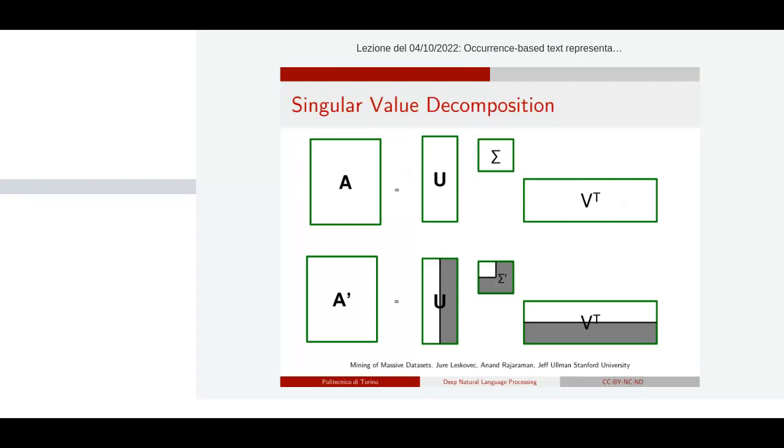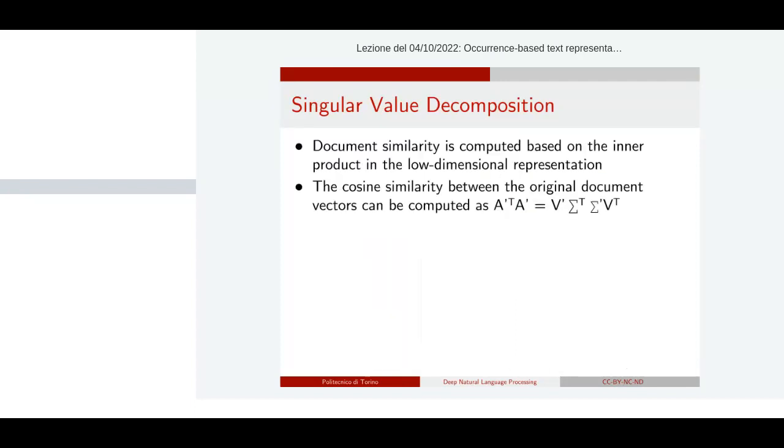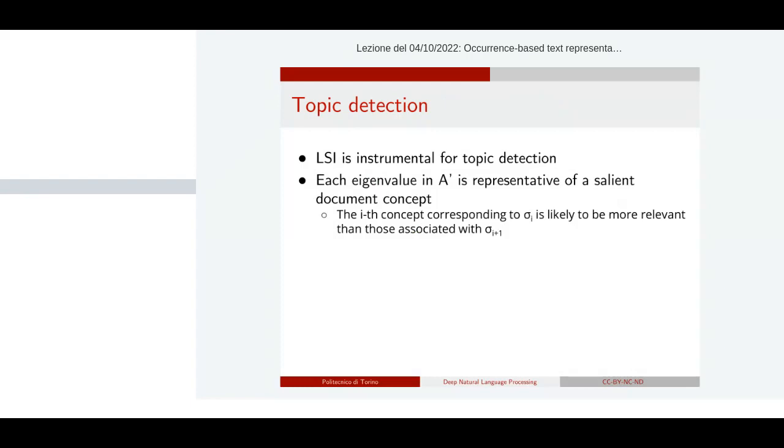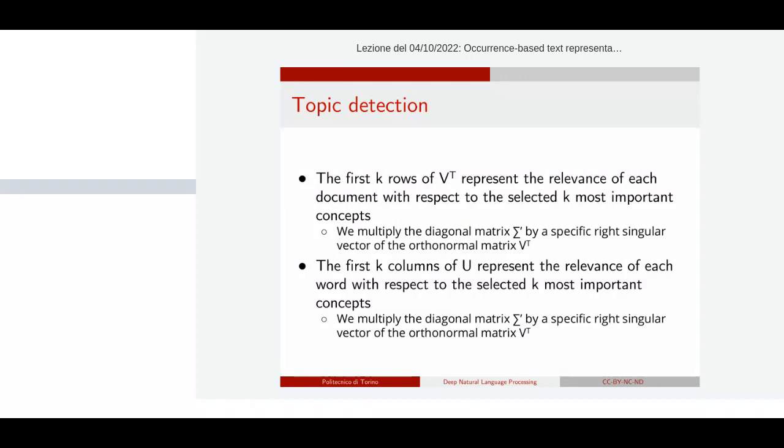What about U and V transposed? They provide you very relevant information, because, okay, from the diagonal, you know sigma 1, sigma 2, sigma 3, so the overall relevance of the topic. But from the V transpose and U, you have the information about the relevance of each document with respect to the k most significant topics.